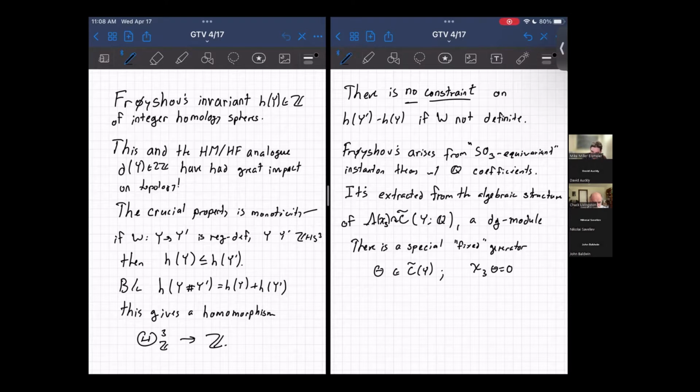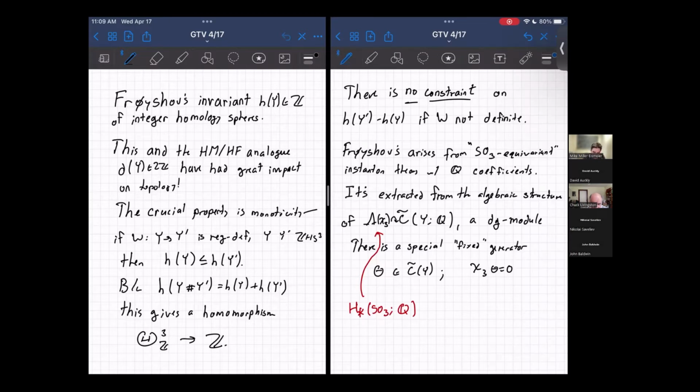I'll review a little bit more later about how you can extract this from the algebra. But the crucial point I want to make now is that that exterior algebra is coming from the fact that I'm working SO(3) equivariantly. That exterior algebra can be understood as the homology of SO(3) with rational coefficients. I have an action on this chain complex of the fundamental class of SO(3).